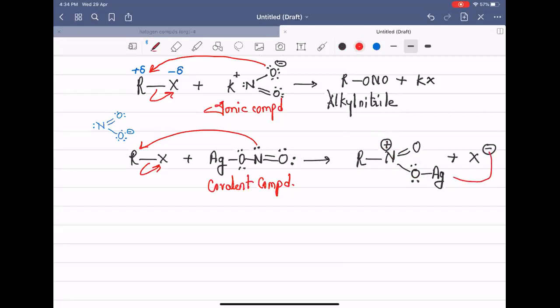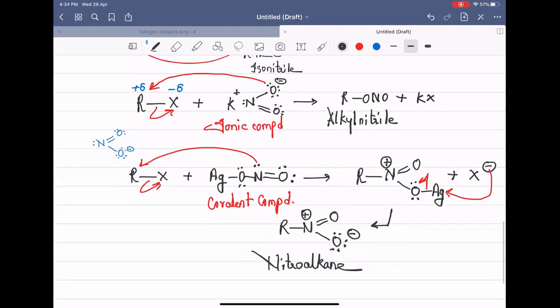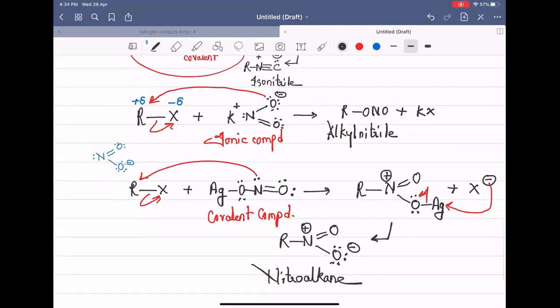So like this, R-N plus double bond O with a minus, this is called a nitroalkane. Thus, in one, you have alkyl nitrite, in the other, you get a nitroalkane. Again, very important to know all this. So you have to go through this properly.